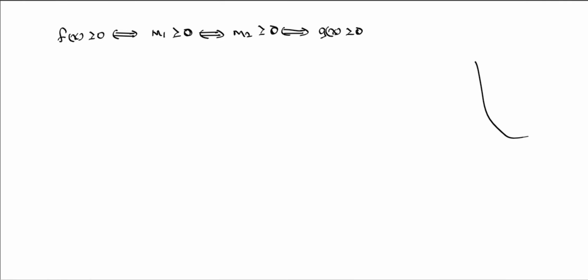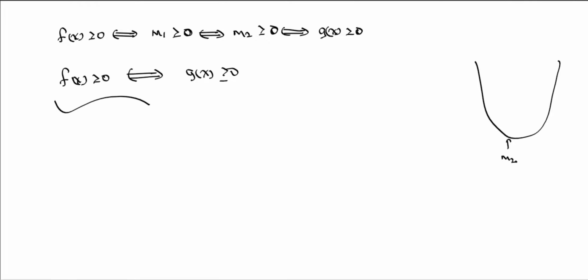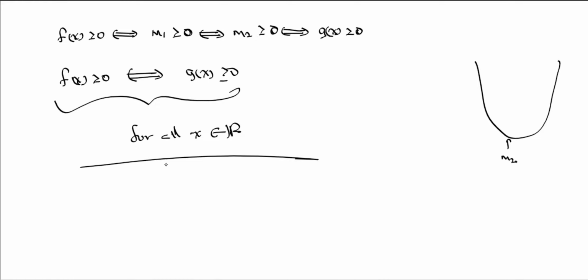Because if you consider this is g(x) and this is m2, if it is positive or equal to 0, definitely g(x) will be positive or equal to 0, which means f(x) is greater than 0 if and only if g(x) is greater than 0, and this works for all x, a real number. Finished.